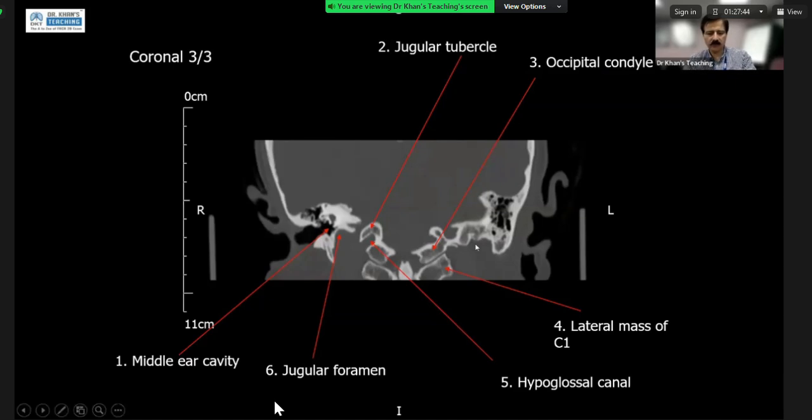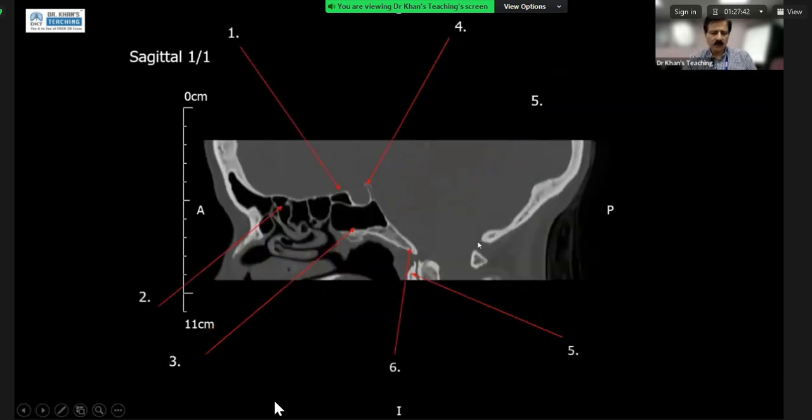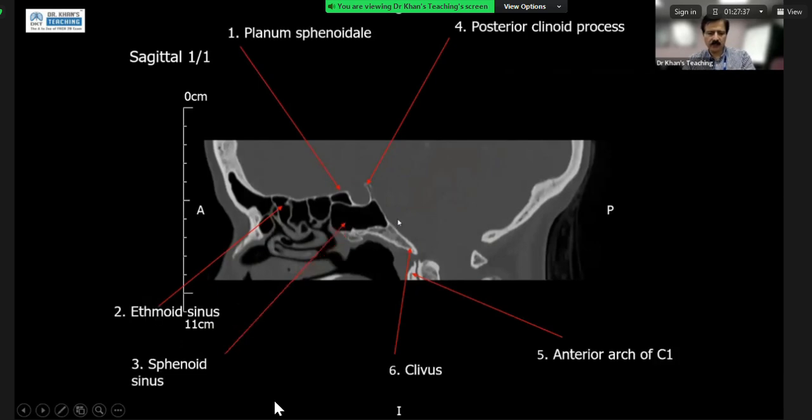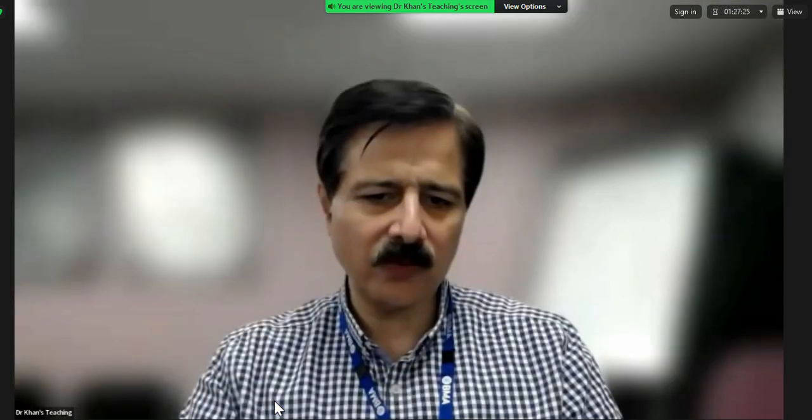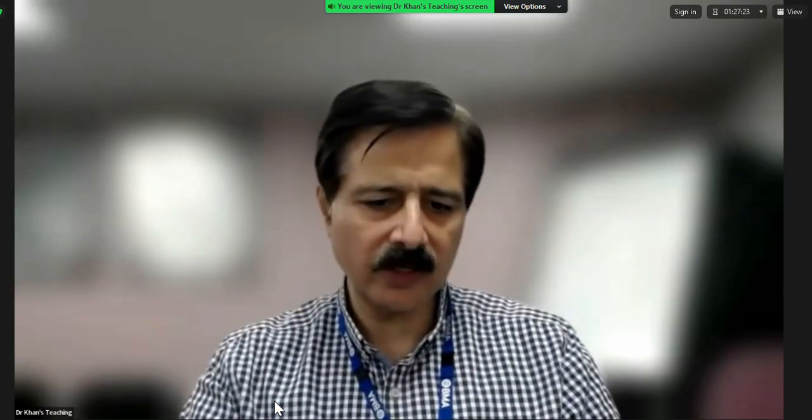Okay, well done. This is, of course, easy. And this is the posterior clinoid, this is the planum sphenoidale, and the rest of the stuff I think you people already know. Okay, so we have covered base of skull anatomy.